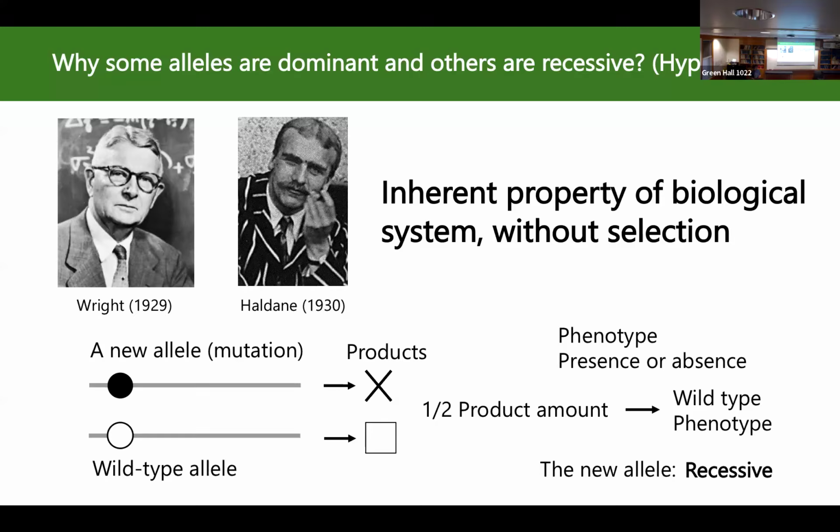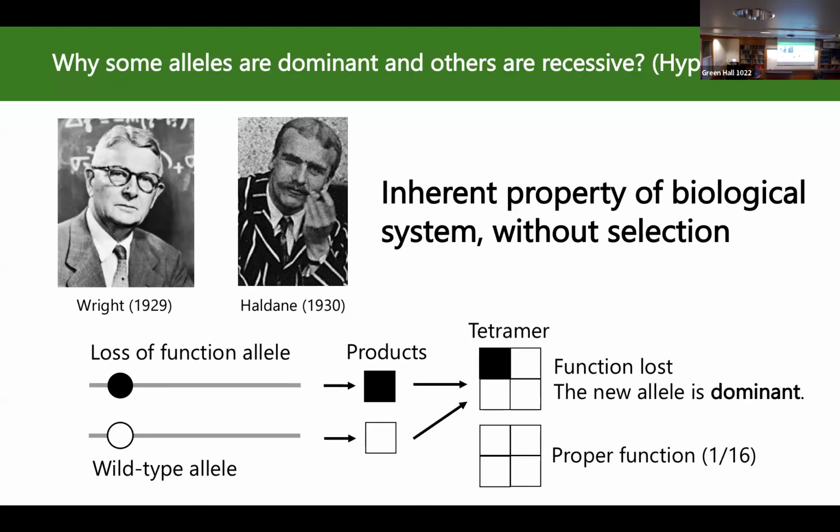There can be exceptional cases. For example, when a newly born allele is a loss of function allele and it produces loss of function protein products, and if the products must function by forming a tetramer, then in the heterozygotes, most of the tetramers will lose function, the phenotype will be loss of function, and the newly born allele can be dominant.